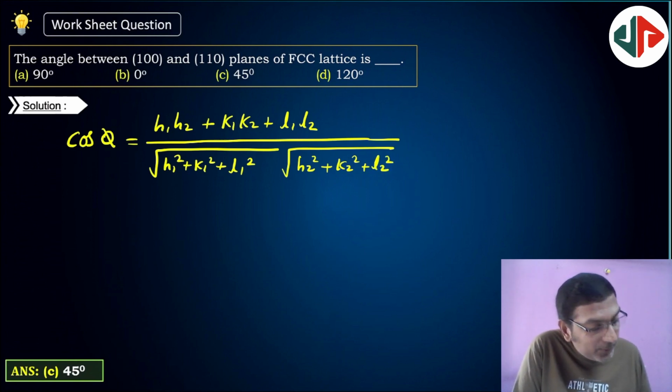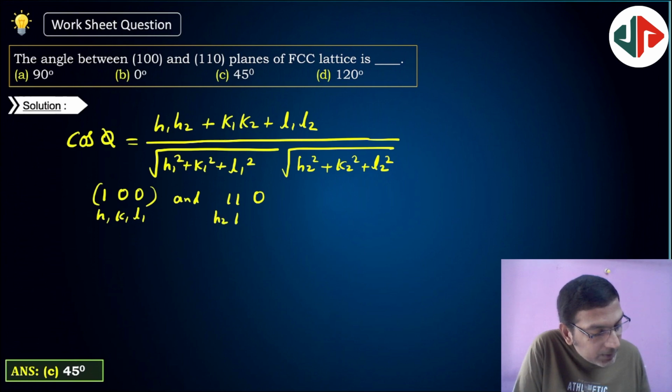Here the given points are 1 0 0, so this is h1 k1 l1, and 1 1 0, h2 k2 and l2.